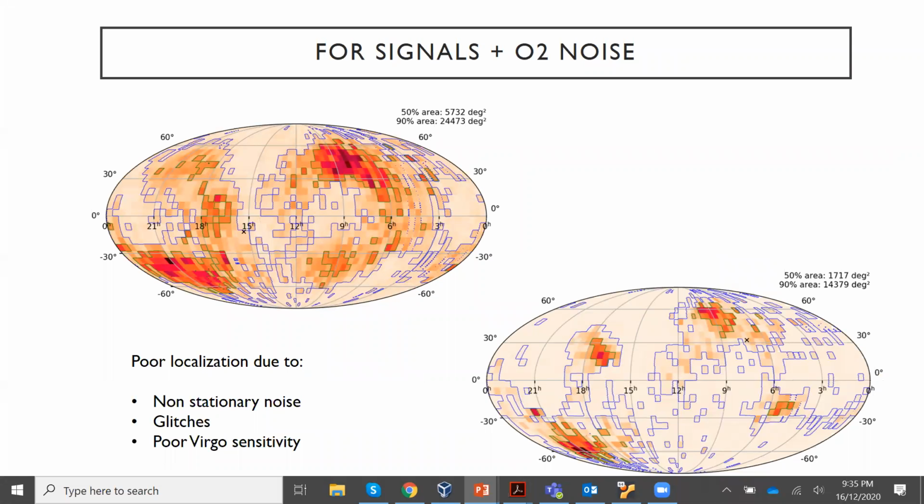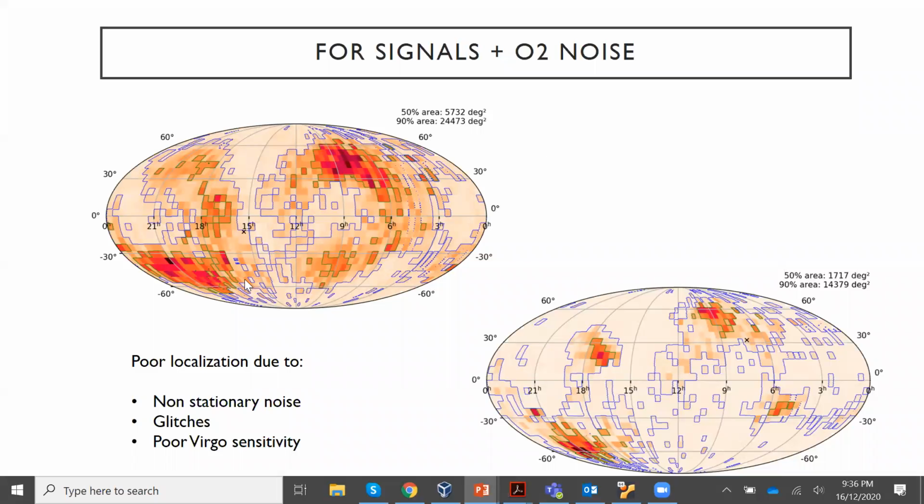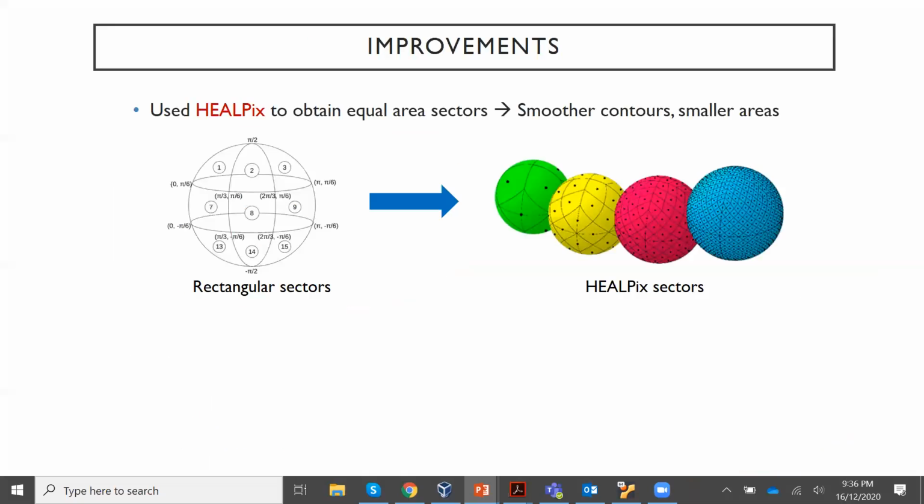Now, if we have signals injected in O2 noise, which is noise from the second observation run, we get very poor localization, as you can see here. And of course, the reason is the non-stationary nature of the noise, the glitches, and the poor Virgo sensitivity. So Virgo had extremely poor sensitivity during the second observation run, and that did not help in localization at all. So some improvements. First, we use HealPy to obtain equal area contours.